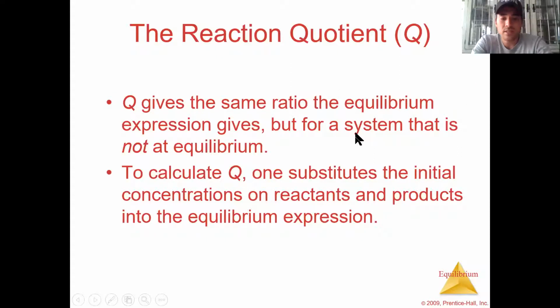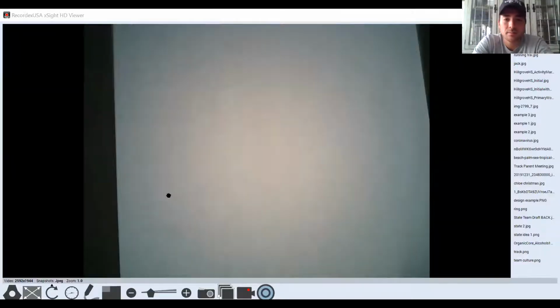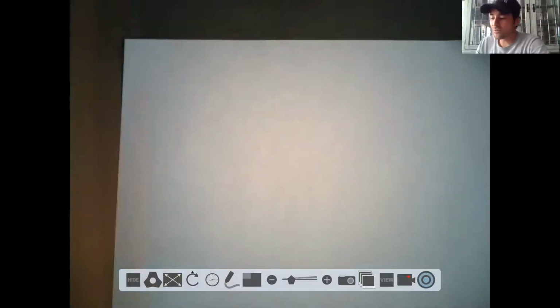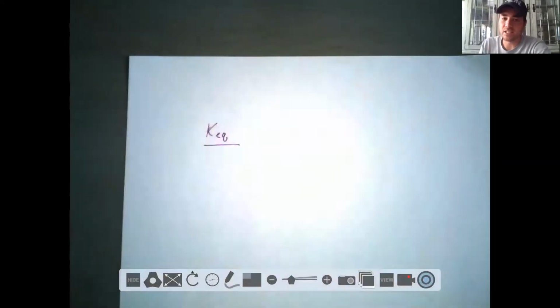Let's go to a new screen. So if we go here, and we look at K and we look at Q. If we're looking at this, you have your equilibrium constant expression, KEQ.